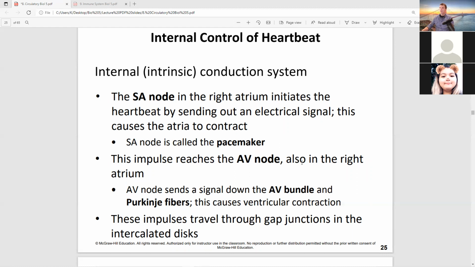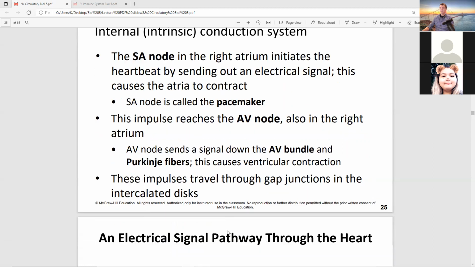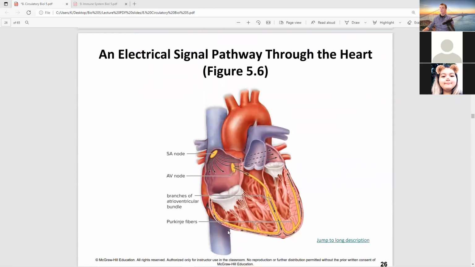The AV node sends a signal down the AV bundle and the Purkinje fibers. This causes ventricular contraction. These impulses travel through gap junctions and the intercalated discs. Okay, so that's shown here, where you get electrical signals starting at the SA node, and it goes around and down and then around the heart.